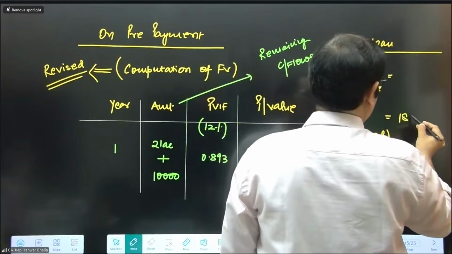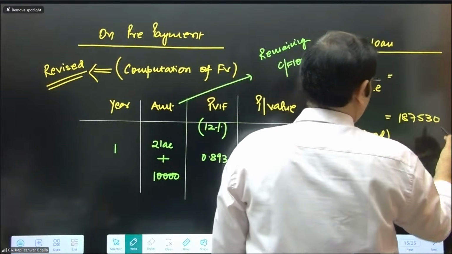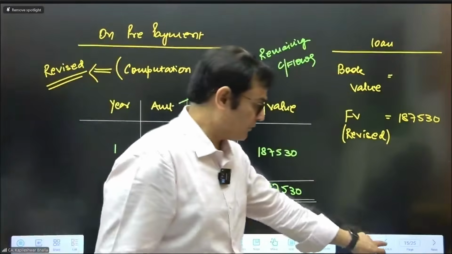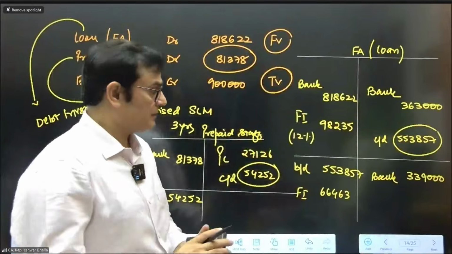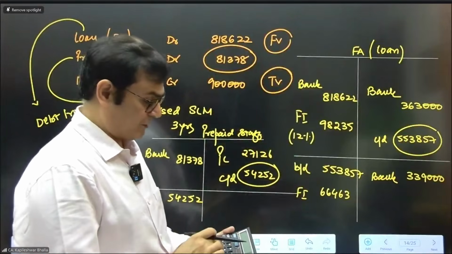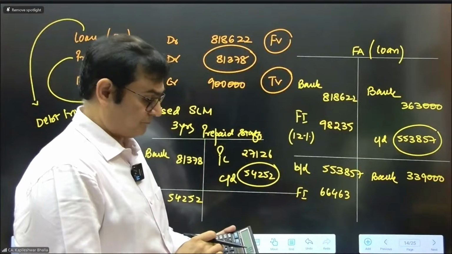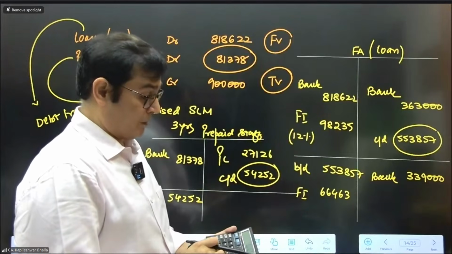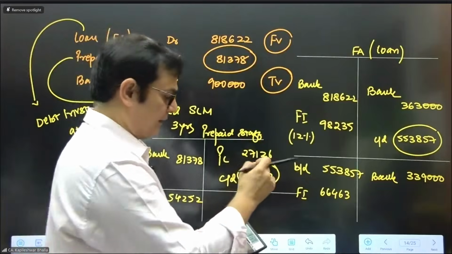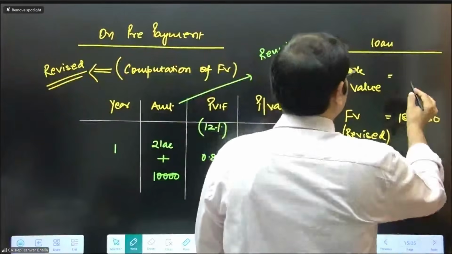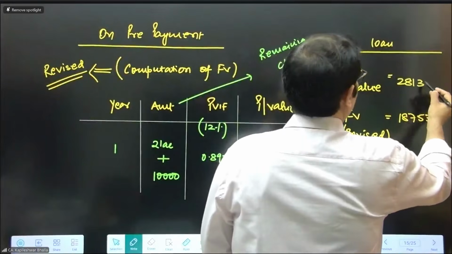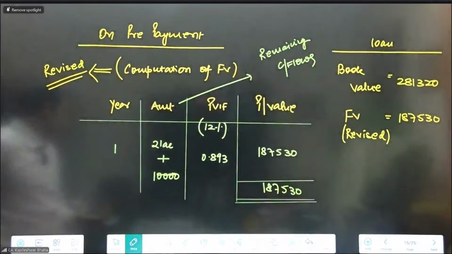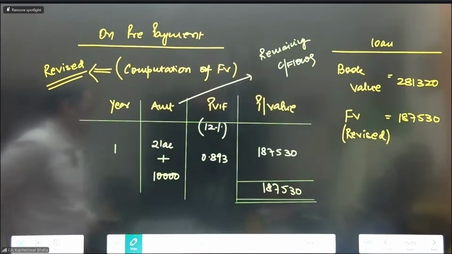This is 187,530, the revised fair value which we got. Let's go back to the ledger and see the balancing figure at this stage. 553,857 plus 66,463 minus 339 is coming to 281,320. This is the book value on the date of repayment.